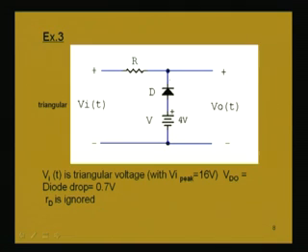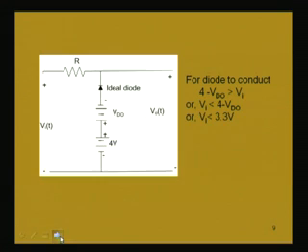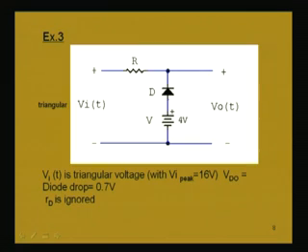Now, the input voltage is a triangular voltage. The diode will be conducting when the voltage at the point P is higher than the voltage at the point N, and you see here N is being applied a voltage.